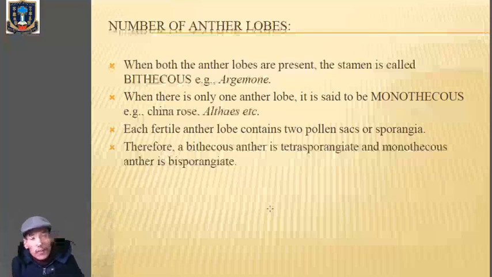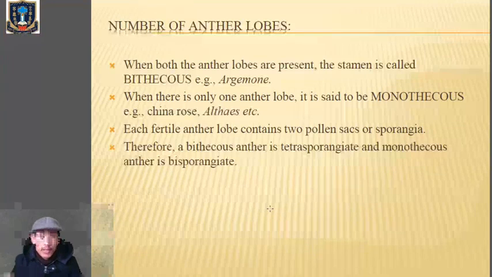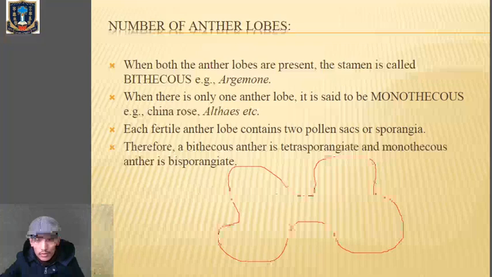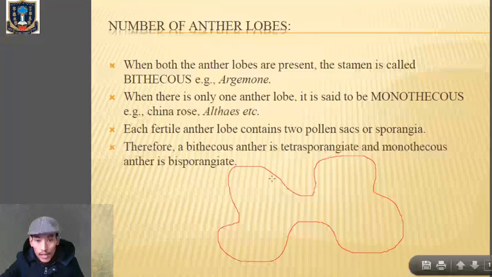Okay, and each fertile anther lobe contains 2 pollen sacs or sporangia. I have told you that the fertile lobes of the anther contain the pollen sacs. Even I have told you that when you look at the structure of the anther, we will find this type of structure. This is the bilobed structure, first lobe, second lobe, and in each lobe we will find the presence of pollen sacs or sporangia.